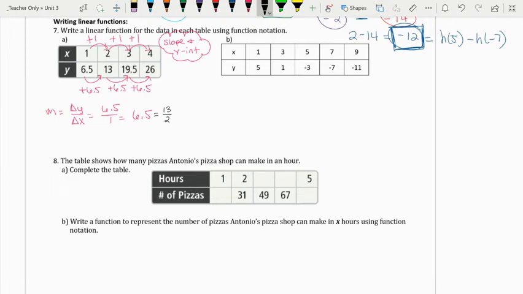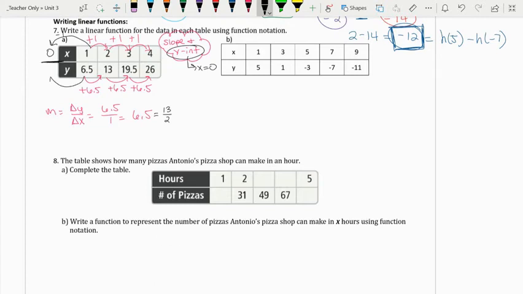All right, so we found our slope. Now we want to find our y-intercept. Remember, this is where x is 0. So if we can know what y will be when x is 0, we can use that for our equation. And if you think about it, using this pattern, if we just go back the same amount, we would have 0 for our x. And that means that that value would be our y-intercept.